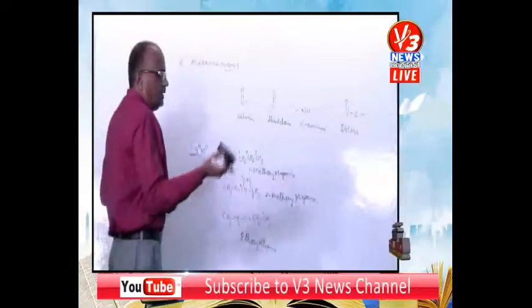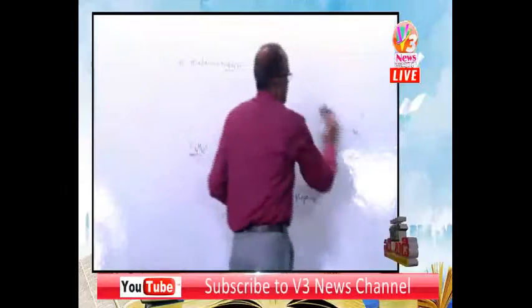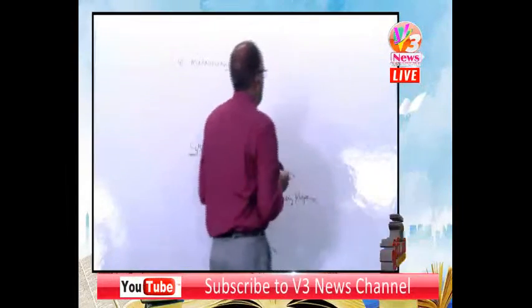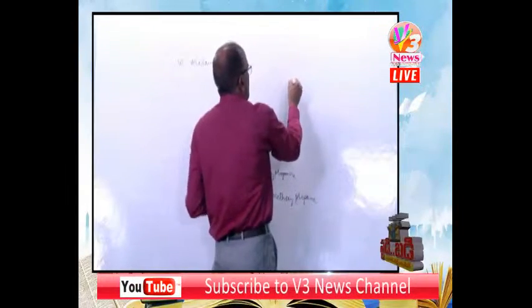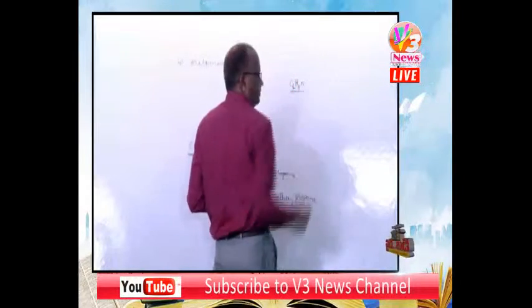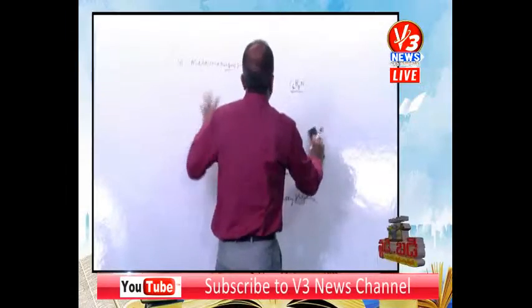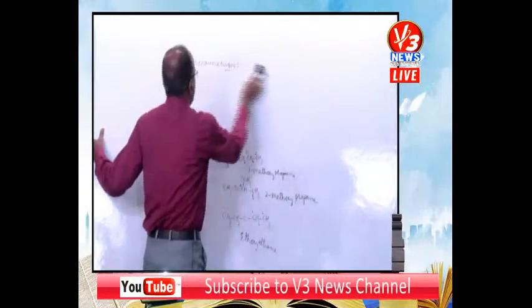Now, I will take another example. C4H11N, that is an amine. Or we will see in general how many isomers are possible for these compounds.